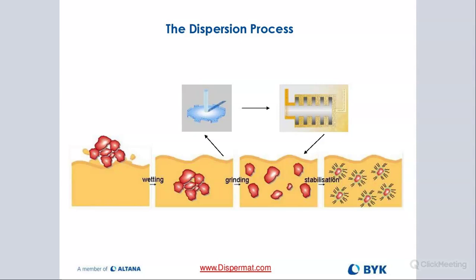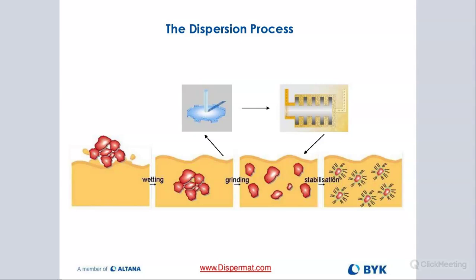Then when we reach about 10 to 30 microns of particle size is when we actually start the media milling process, because the blade can only bring the particles down to a certain size. It doesn't allow for more shear. So that's why we need to use a media mill to then break down the particles to smaller particles below 10 microns and go even into the nano range.